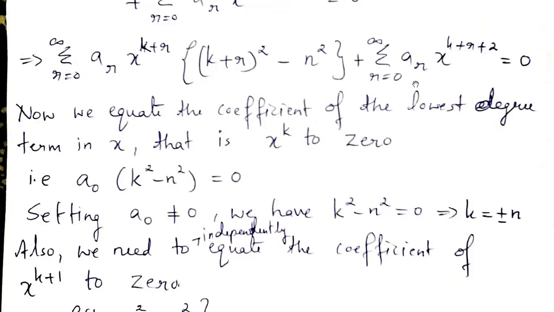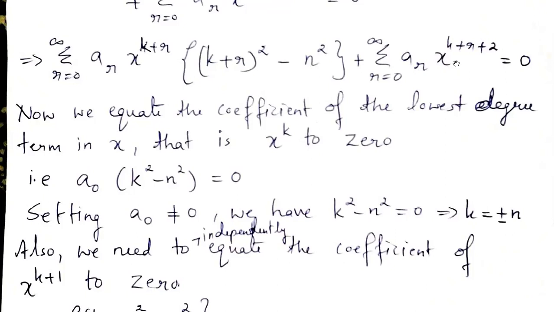That value of r is r minus 2, because when you replace r here by r minus 2, I get x power k plus r minus 2 plus 2. So minus 2 and plus 2 will cancel, and I get x power k plus r. So if you change every r to r minus 2, here it will be a(r minus 2). So what is the coefficient of x power k plus r for this particular term? It will be a(r minus 2).